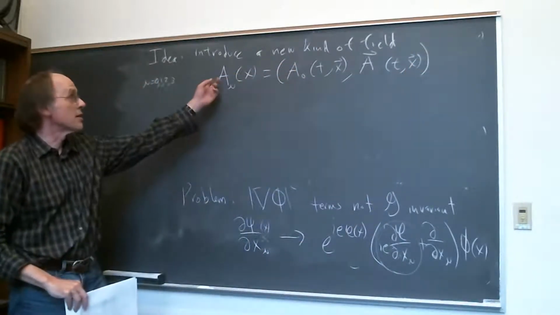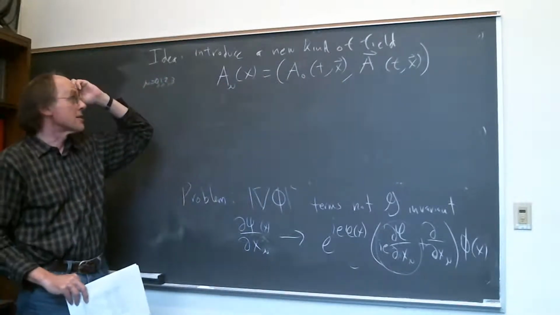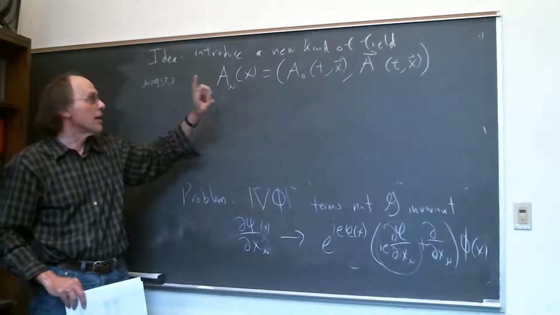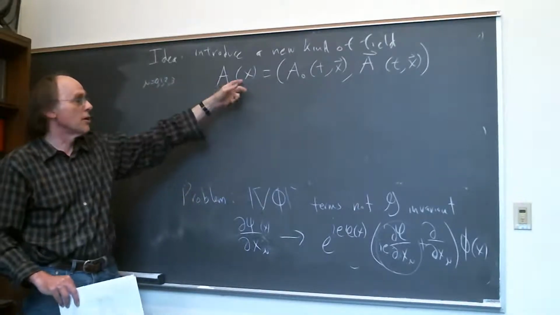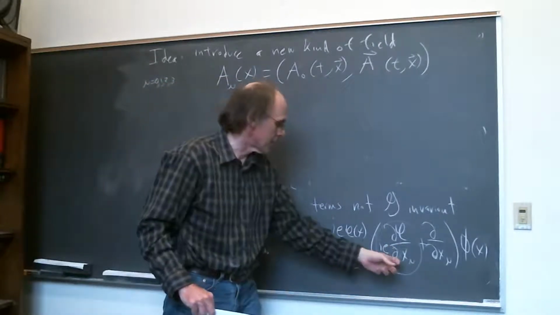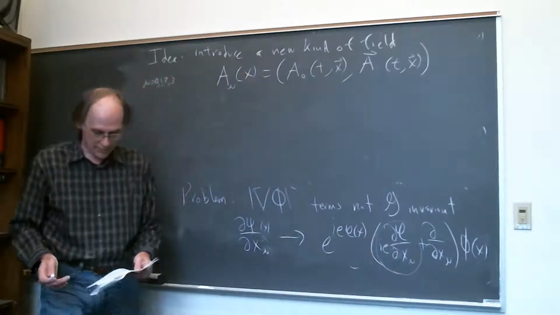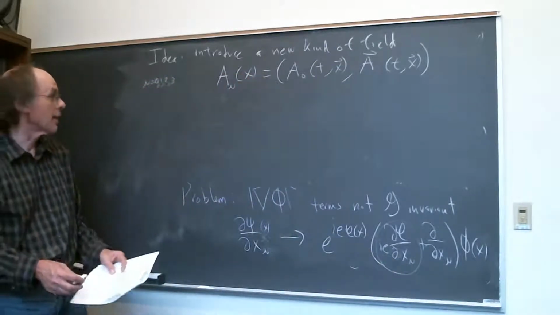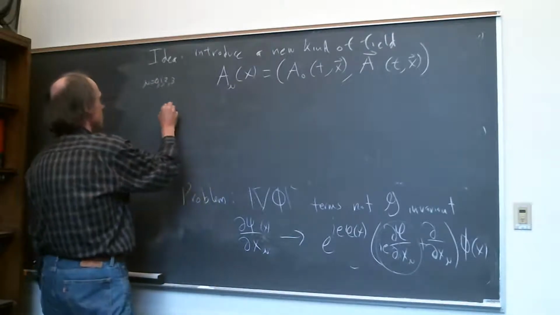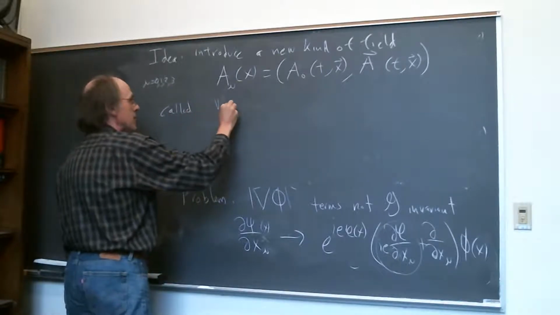So we're going to introduce this guy, and then the plan is to make it behave in a way under gauge transformations that we can use it to cancel this problem. The name for this thing is the vector potential.